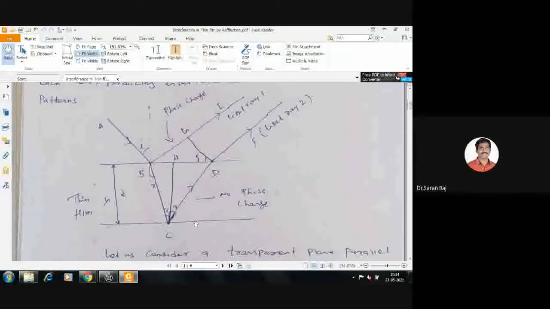We are considering only two layers. Here the light should be reflected. So in this path we can say that from C to D, then D to F, is the light ray.